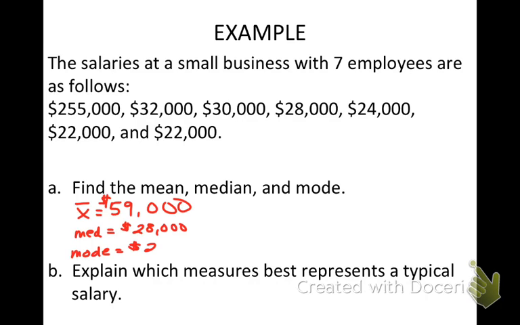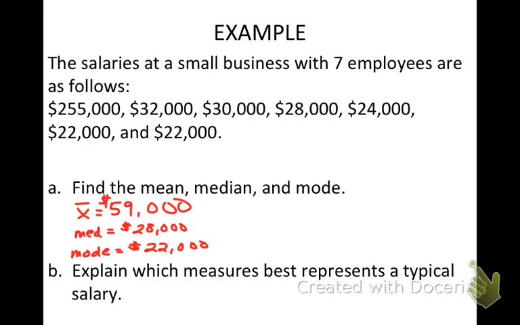So, if you had to pick one of these measures to best represent a typical salary, which one would you pick? Would you pick the mean, median, or mode? Mean. If you went with the mean, are most of your salaries around 59,000?